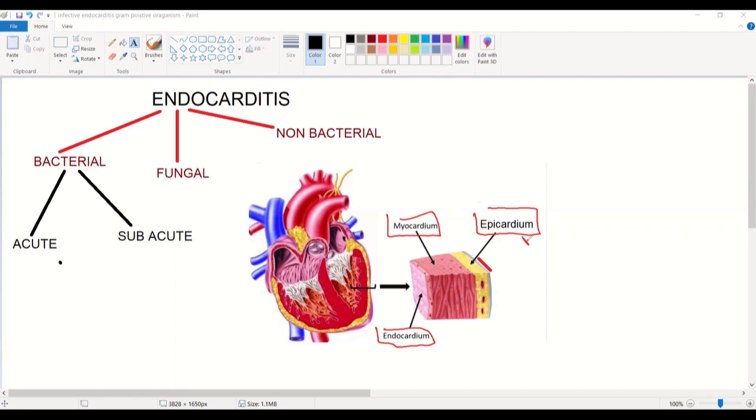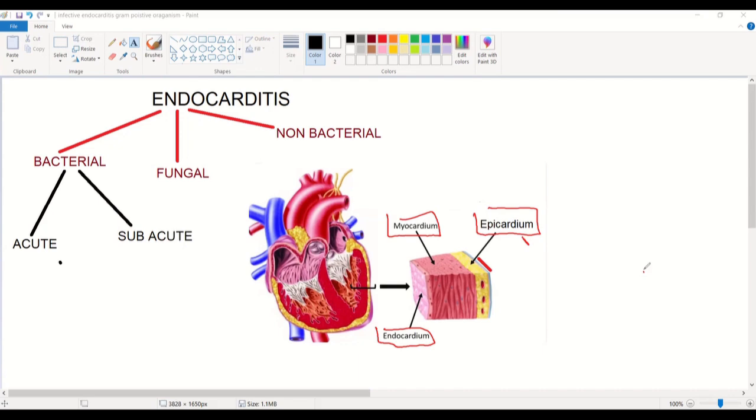So can anybody tell me the location of the coronary vessel? They are again high yield stuff. Where is the coronary vessel located? In the epicardium or below the epicardium?